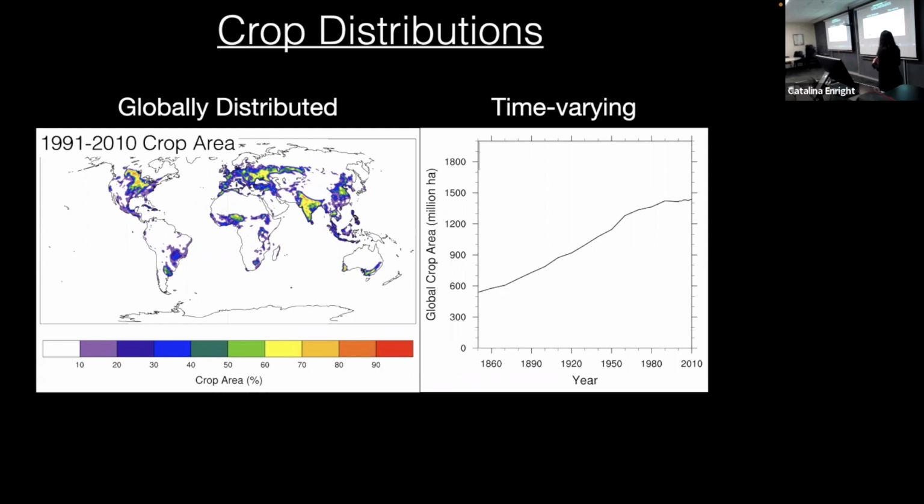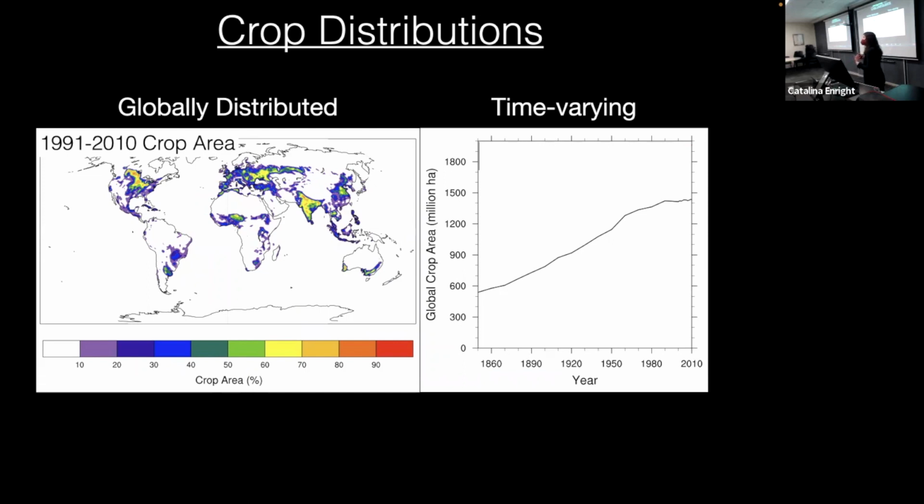And additionally, in the community land model, we have global crop area changing through time. And again, this is a unique feature within an Earth system model because most Earth system models do not include the temporal change in distributions of crops. They can include crops for present day. There's only one other model that has global distributions of crops, and it's only for present day.